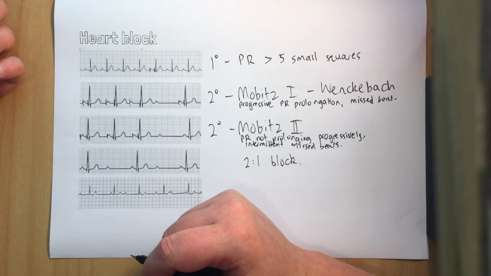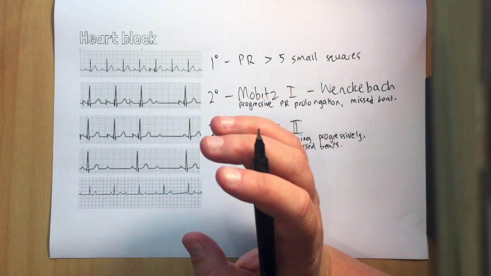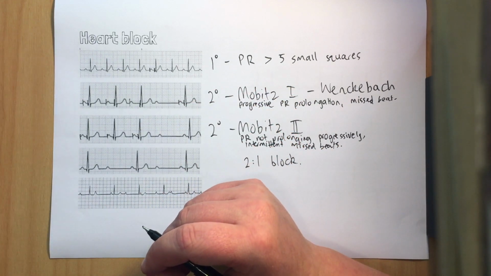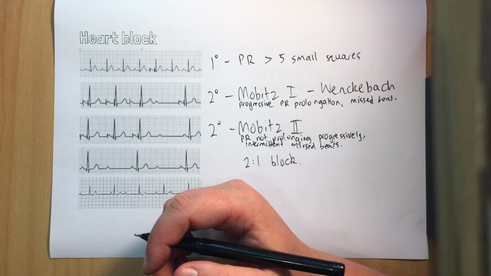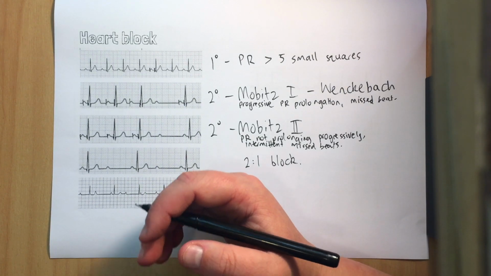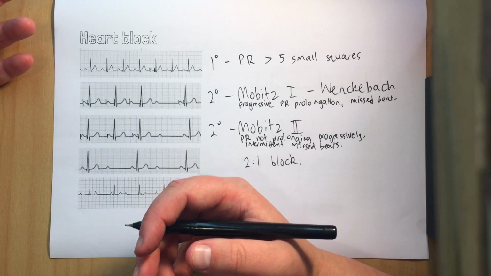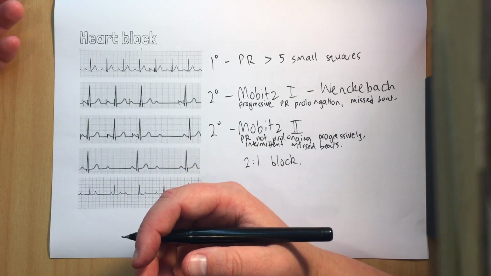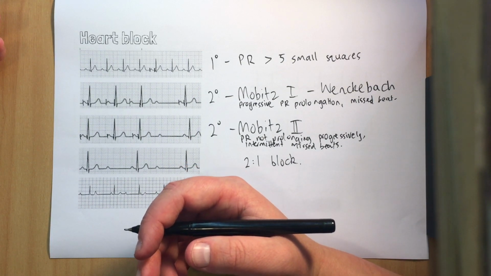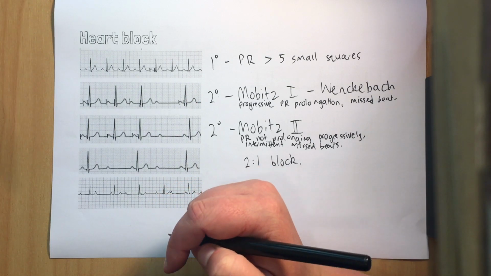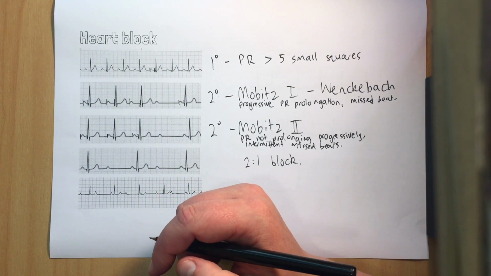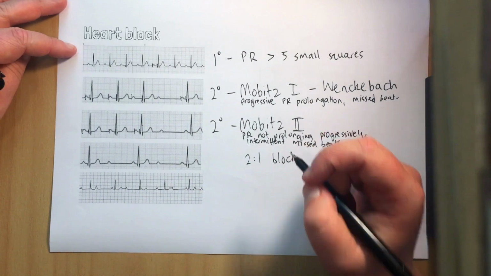And obviously in those situations, the fewer P waves are being conducted to become a QRS complex, the slower your heart rate's going to go. And you do need to have the heart going fast enough that it's pushing enough blood, I guess, essentially. So, yeah, you can have it sufficiently slow that you don't have sufficient cardiac output.